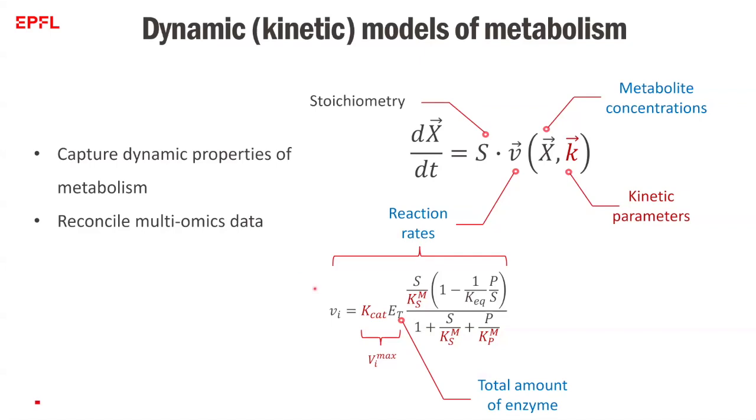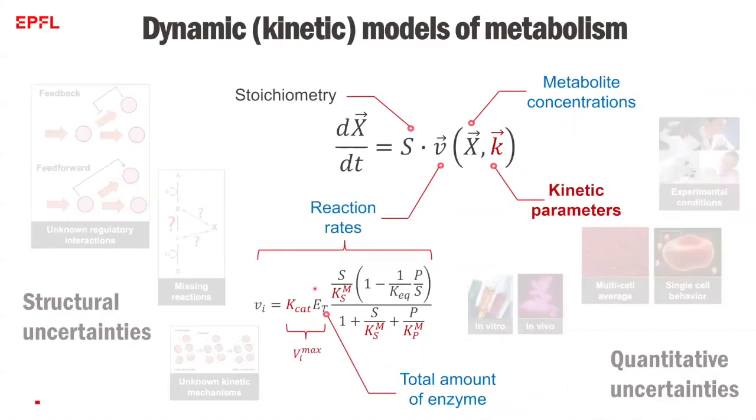Now, though these models are offering us a lot of possibilities, the problem is that for many of the parameters that you need for these models, the actual values are not measured or are unknown. And even if they are measured, most of the time they are measured in vitro.